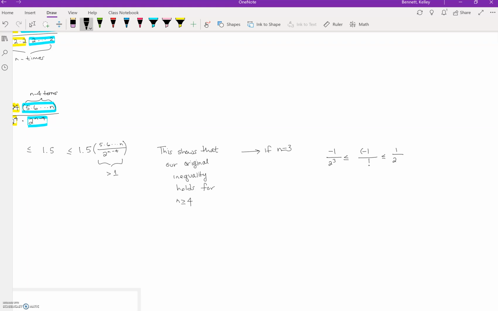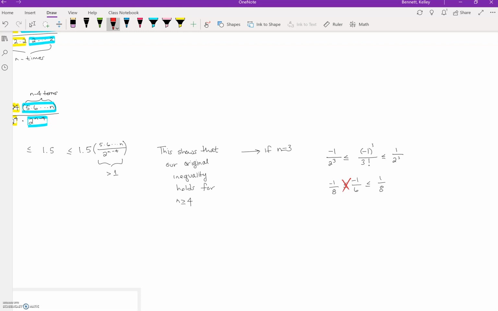3's everywhere. So 2 cubed, negative 1 cubed, 3 factorial, 2 cubed. And you'd have negative 1/8 is less than or equal to negative 1 over 6, so that's already wrong, is less than or equal to 1 over 8. So negative 1/8 is not less than negative 1/6.